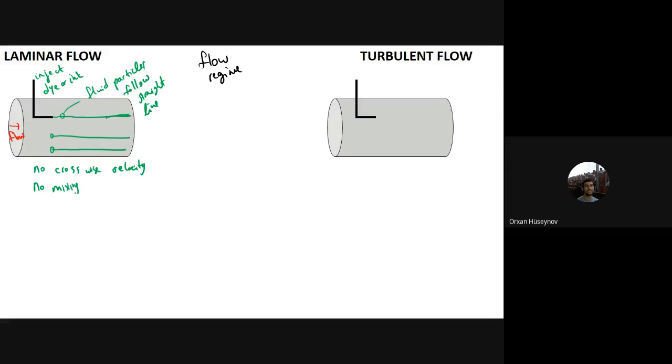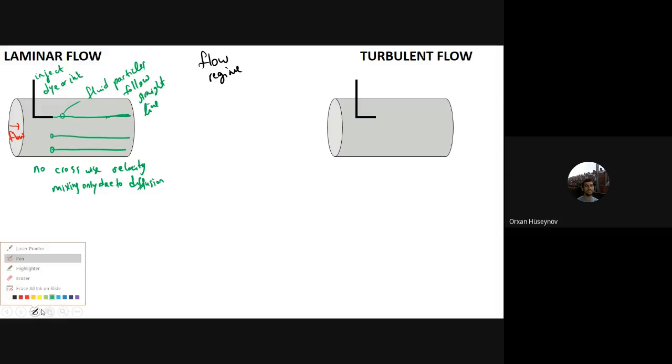In laminar flow, you cannot have mixing, except mixing only due to diffusion. And this is the laminar flow. But at the other extreme of the flow regime, there is also the turbulent flow.